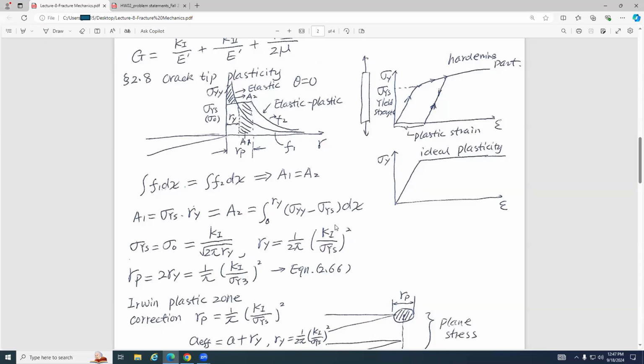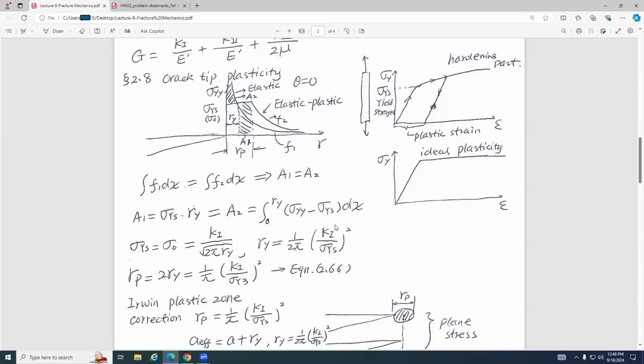So this is ideal plasticity. And for the commonly used one, we have hardening. Hardening means it goes this way, and then it yields, and then goes there, keeps going, so the yield strength becomes higher and higher. Then if you unload, it goes down. This line and this line will have the same slope.